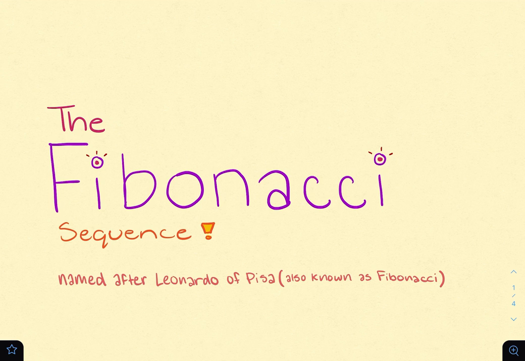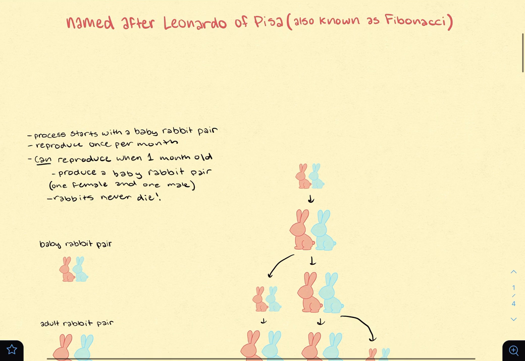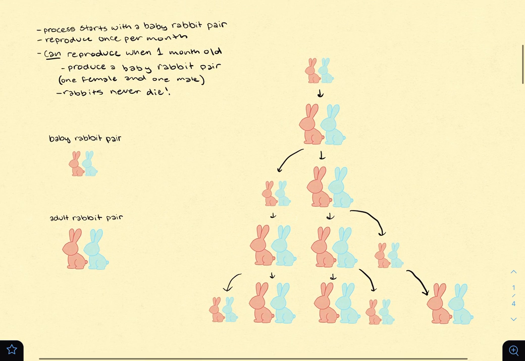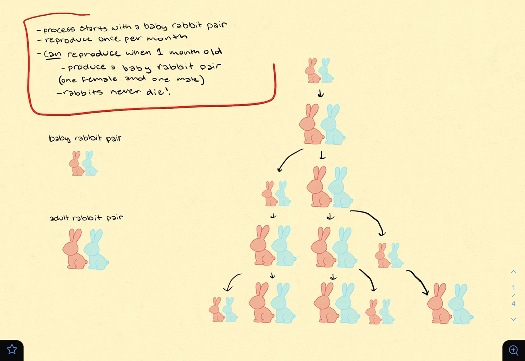Let's start by exploring an investigation Fibonacci conducted to see how fast rabbits could breed. His investigation was based upon the following assumptions. The process starts off with a baby rabbit pair, which means we have a baby female rabbit and a baby male rabbit.